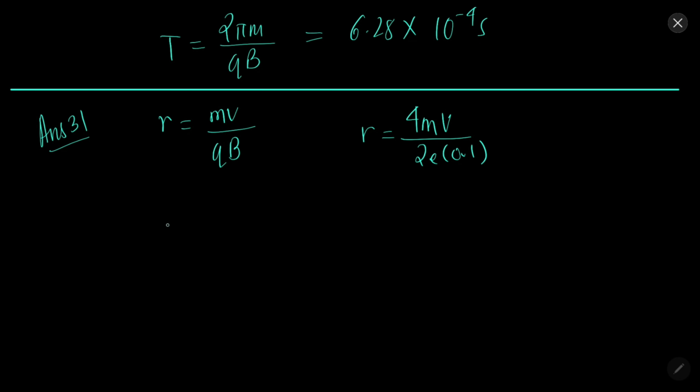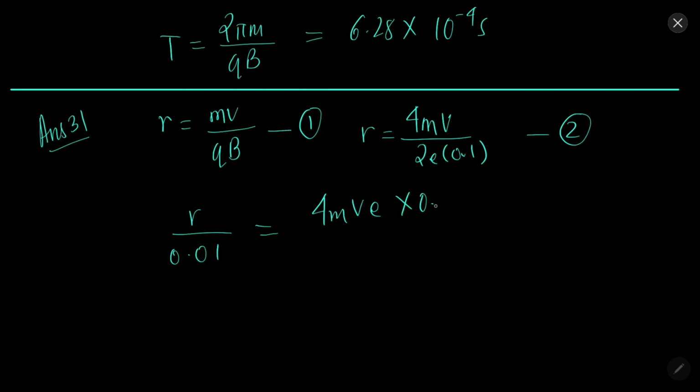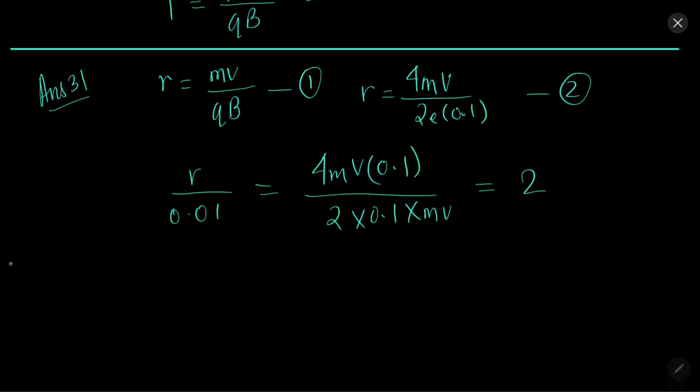Let this be equation 1 and this be equation 2. By these two equations, R over 0.01 equals 4 mv e into 0.1 over 2 into 0.1 into mv, which will give us 2. So R will be 0.02 meters.